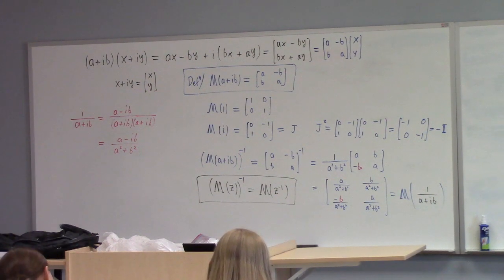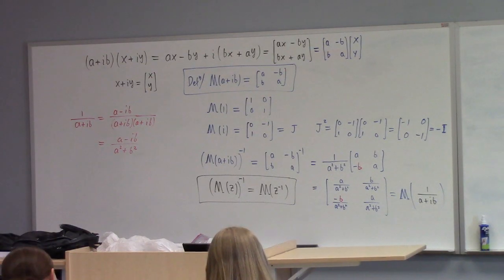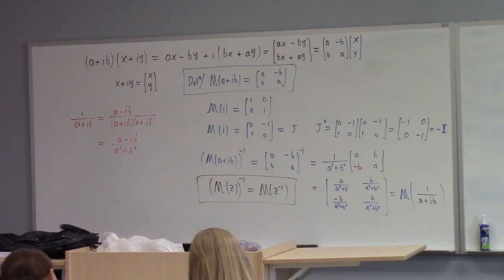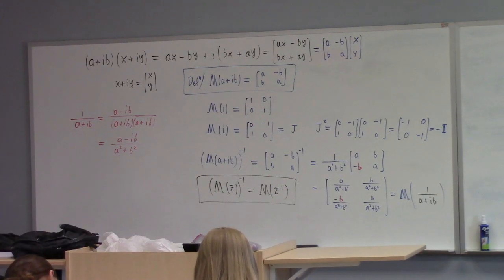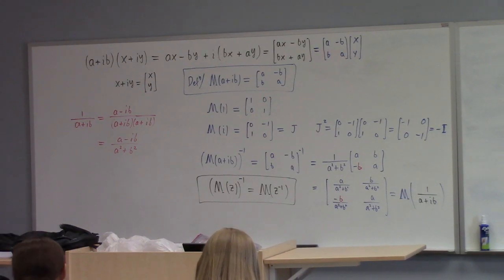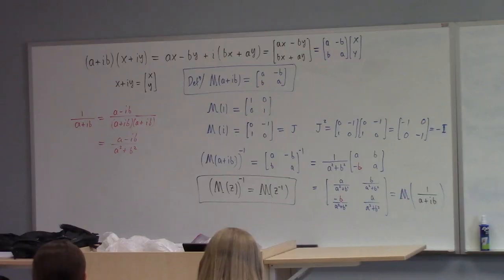The left-hand side, I'm talking about the inverse of a 2 by 2 matrix, which we know from this semester, right? Or maybe high school. Seriously, if they didn't teach you that in high school, you should demand like a refund or something. And then on the flip side, on the right-hand side, that's the inverse of a complex number, right?